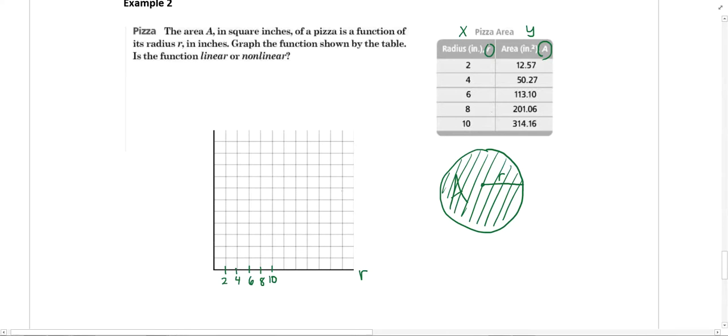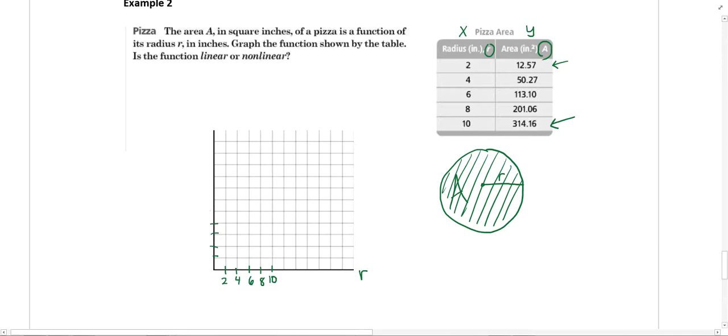Our area ranges all the way up to 314, and its lowest is about 12. So we're going to have to go by something fairly high, maybe even 50s. Let's see. What I like to do when I figure this out is I count how many lines I really have space for, and I divide that by the range I need to do.